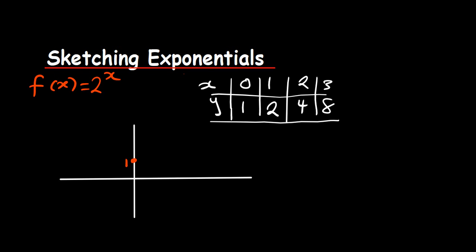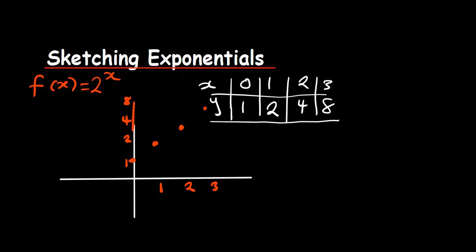Then we've got 1, 2. Let's say the value of 2 is here. Then we have 2 comma 4, let's say the 4 is somewhere there. If your 3 is there and it's comma 8, let's say our 8 is there, and like that.